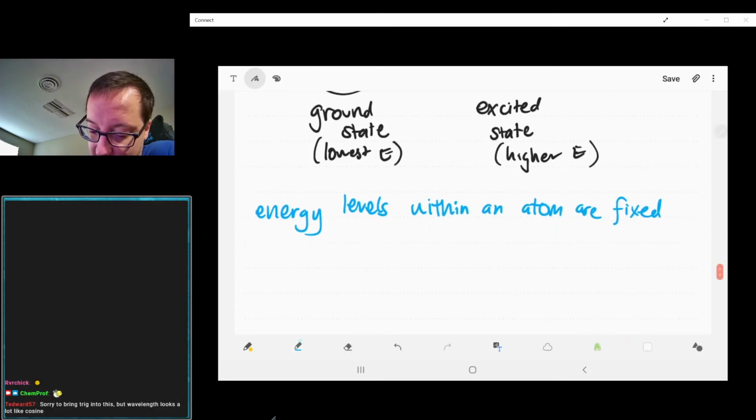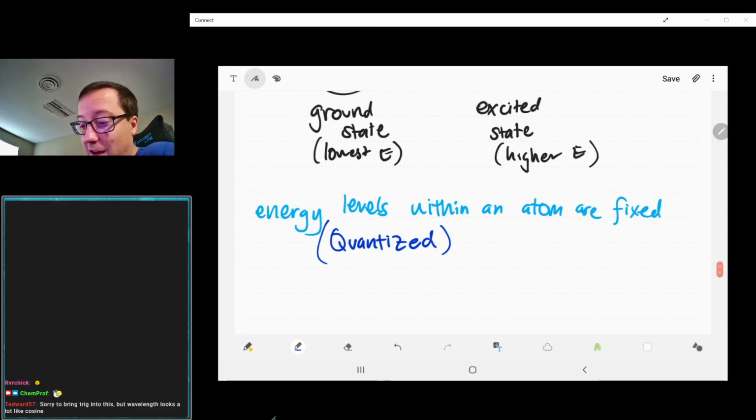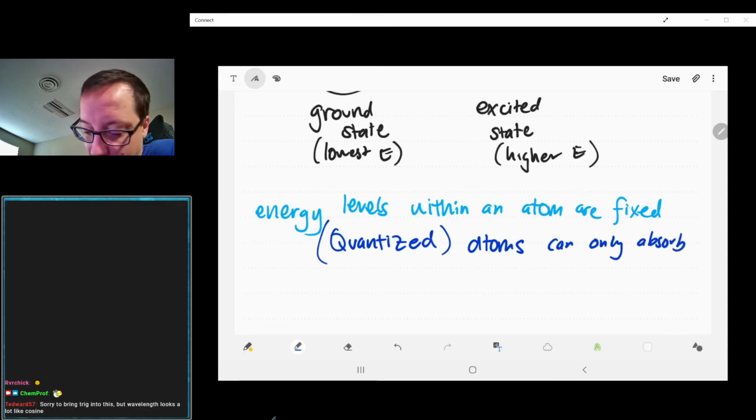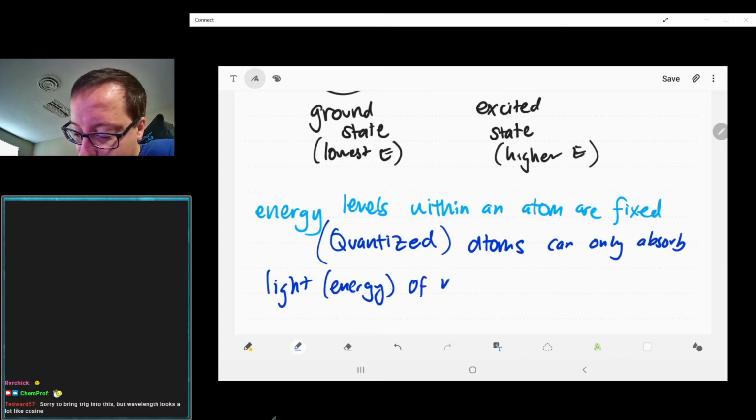So we're going to see that the vocab word here is quantized. That means specific energy levels only. So atoms can only absorb light or energy of very specific wavelength.